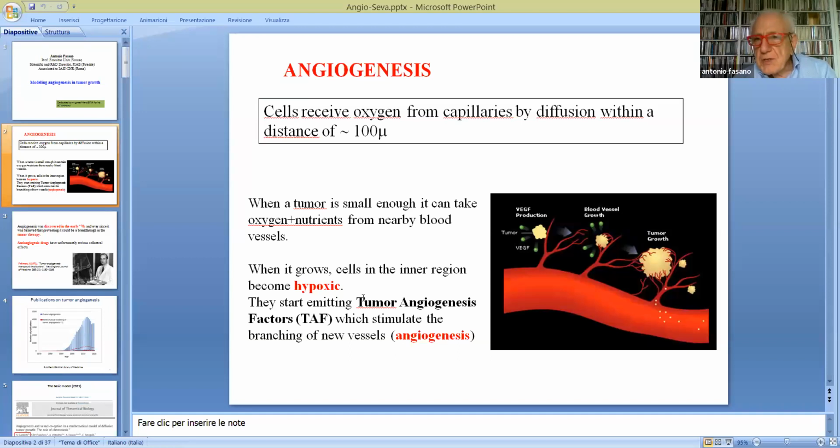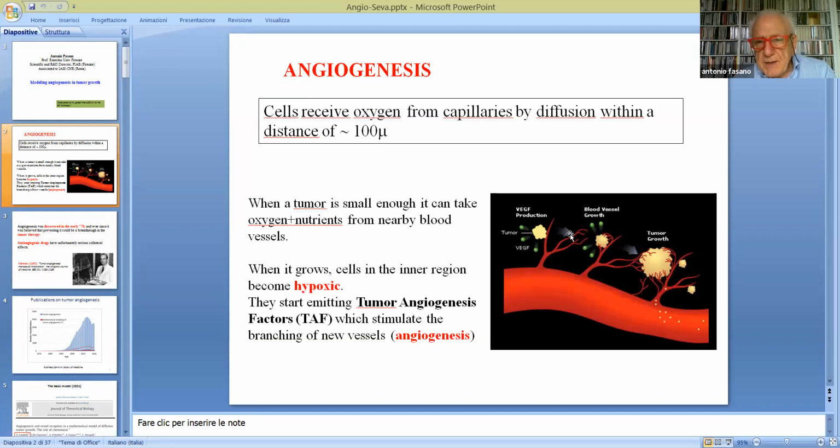But tumor cells are unfortunately smart. So when they find that the oxygen level is not sufficient, they start emitting some chemical signals, some proteins, which are called tumor angiogenesis factors, and these chemicals diffuse towards the nearby blood vessels.